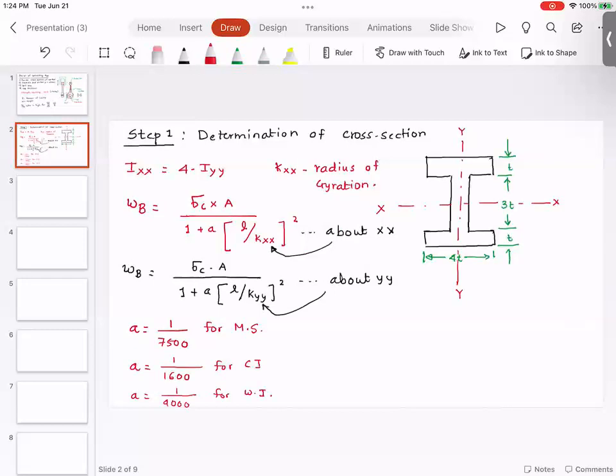And you will notice that WB, I'm going to call this WBXX, and I'm going to call this WBYY. WBXX is less than WBYY.